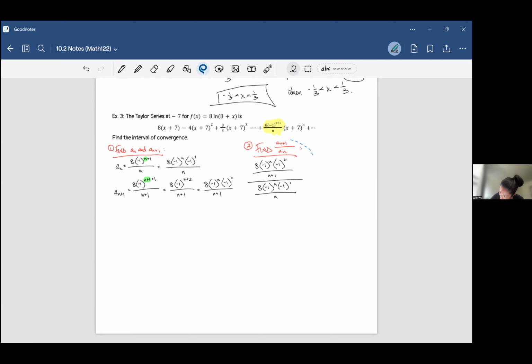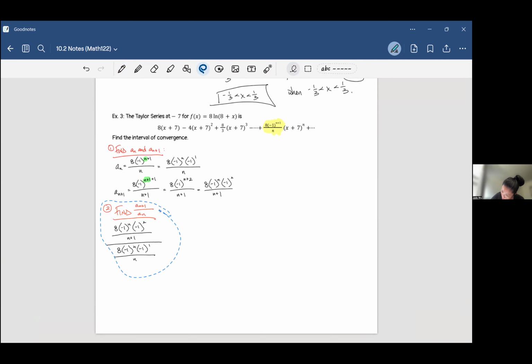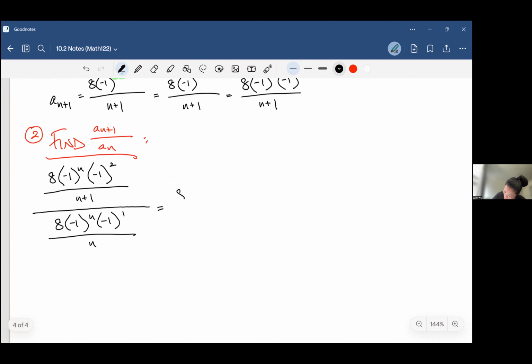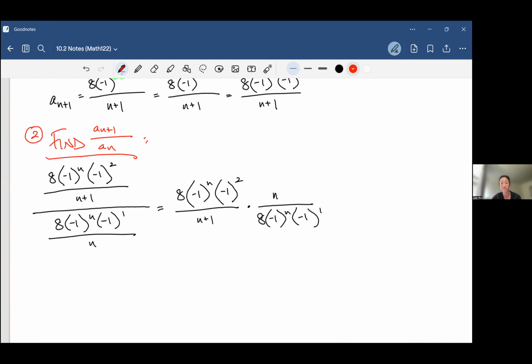Actually, I'm going to move this whole thing. Let's move this down here. Okay. So this gives us 8 times -1 to the n times -1 squared over n plus 1 times, flip the fraction, n over 8, negative 1 to the n, negative 1 to the 1. And I'm going to cancel very carefully here. 8 and 8 go to 1.